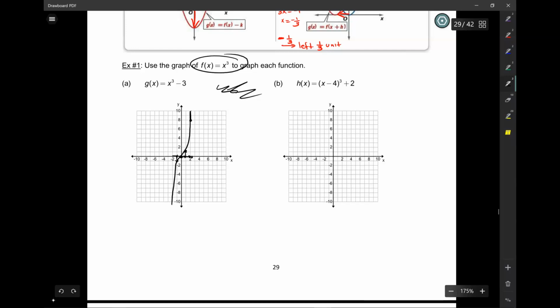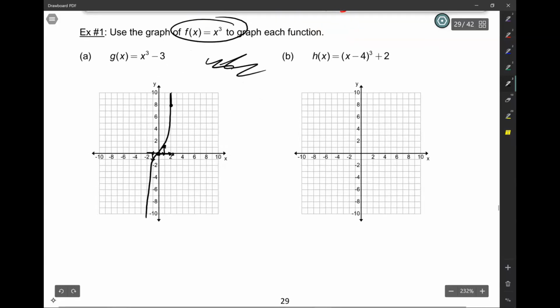Okay, right? All right, so what does the other function do? X cubed minus 3. It goes down 3. So the center moves down 3. So basically every single point is going to move down 3. Now, if you started from there, the change is the same. A positive change of 1 unit in the x will be 1 unit in the y. And a positive change of 2 units will be 8 units in the y.